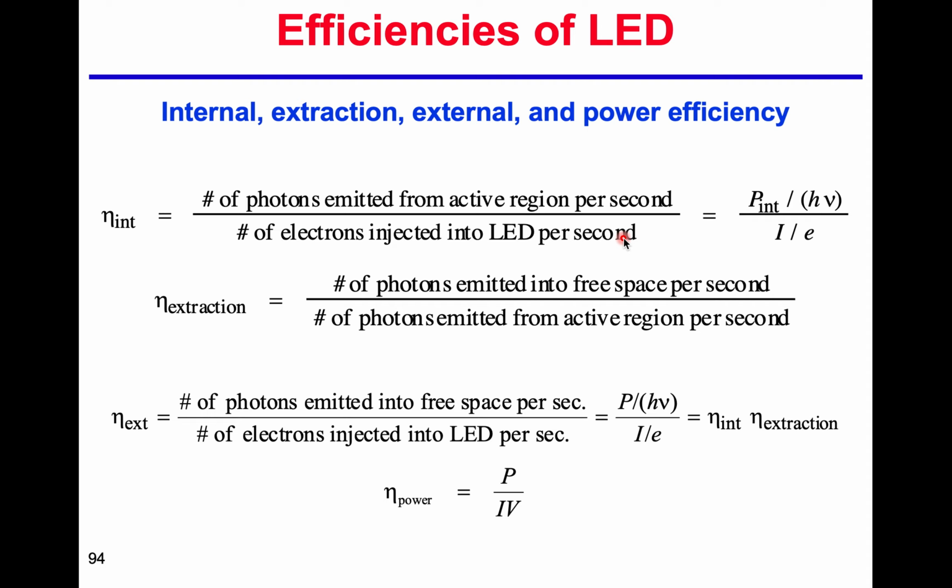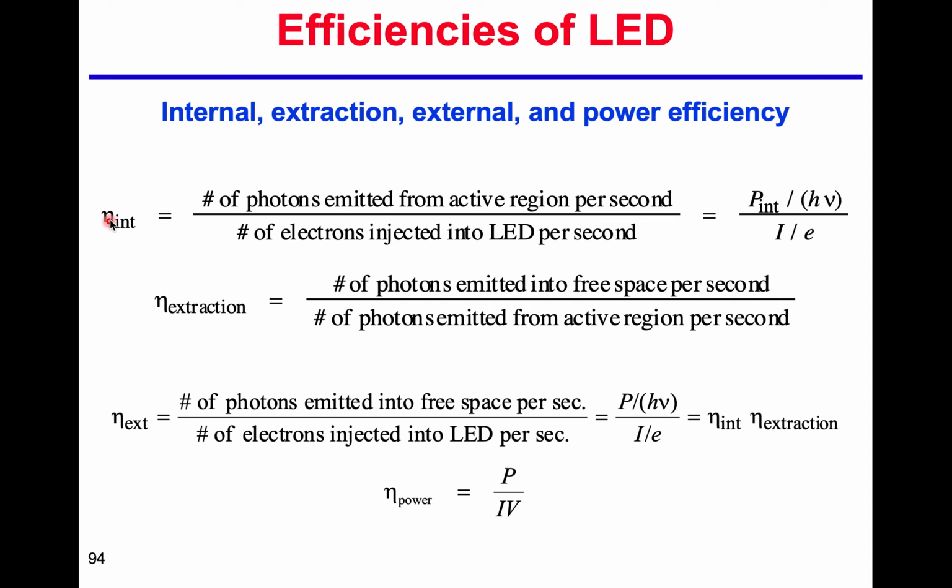Okay, so that is how we define the efficiency of an LED. There is an internal quantum efficiency, and also the light extraction efficiency and the external efficiency. So the definition is the number of photons over the number of electrons, that is, the photons from the active layer per second over the injection current. So that is the input electrons and the output photons.